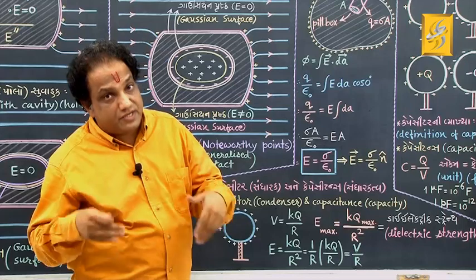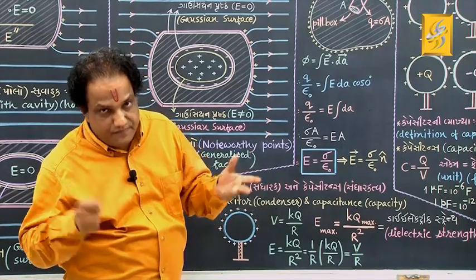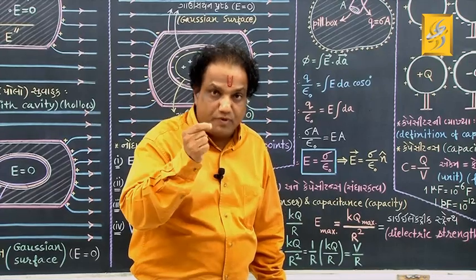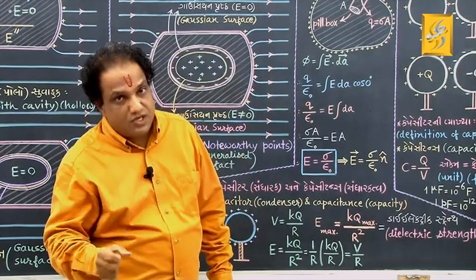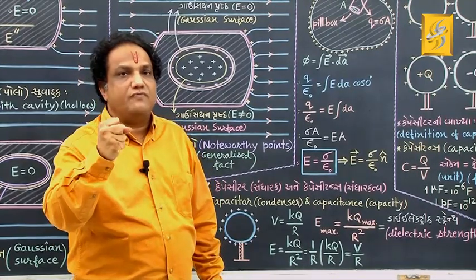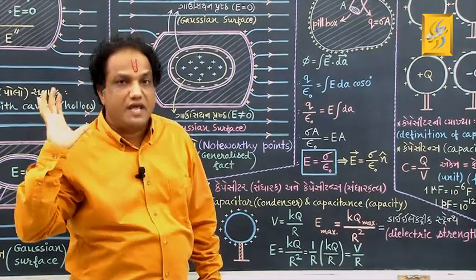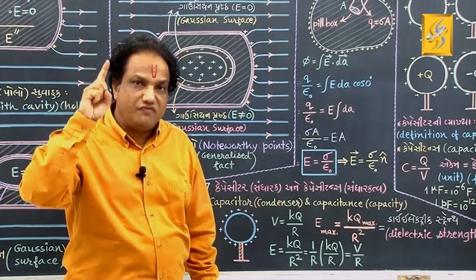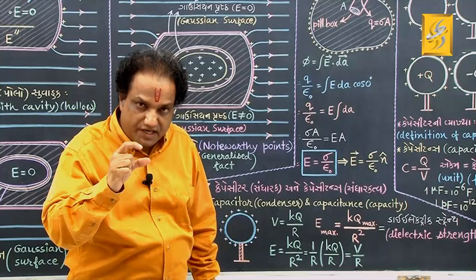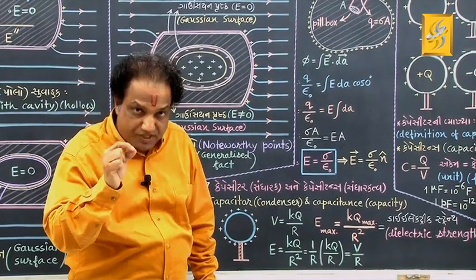What do you mean by its capacitance? Let us see. Capacitor is a very important electric component used in electric circuits, whose job is to store energy in the form of electrostatic potential energy inside the electric field. That is its job. Such an electric component is called a capacitor.